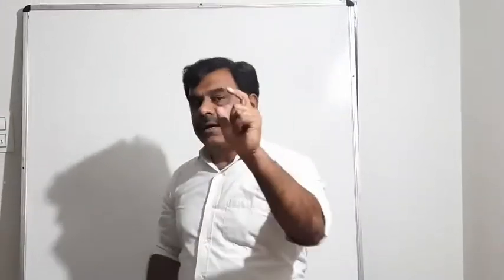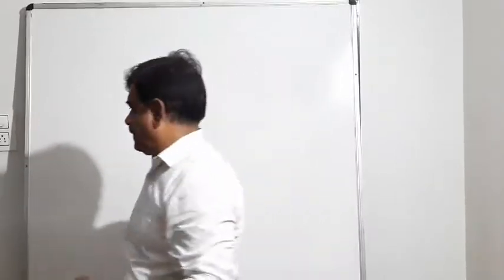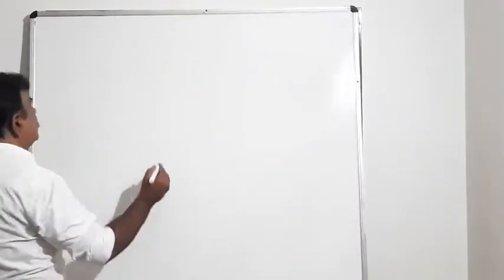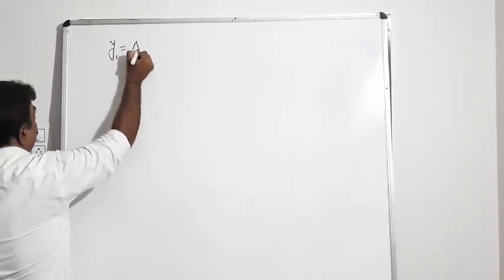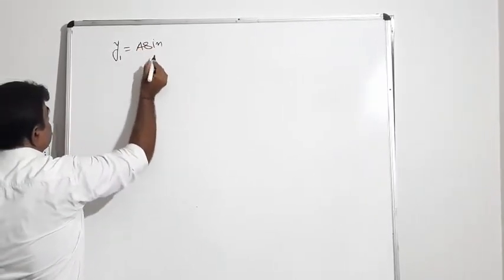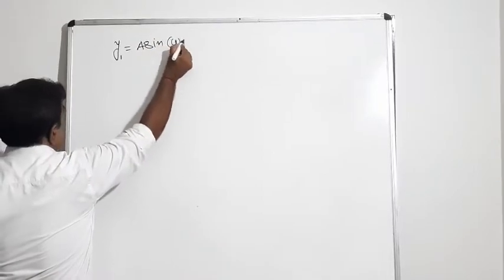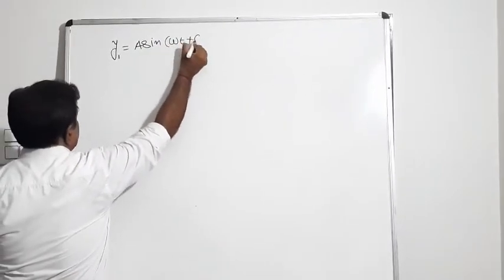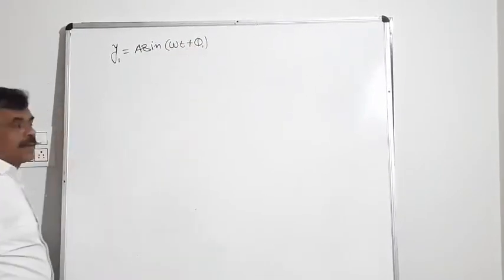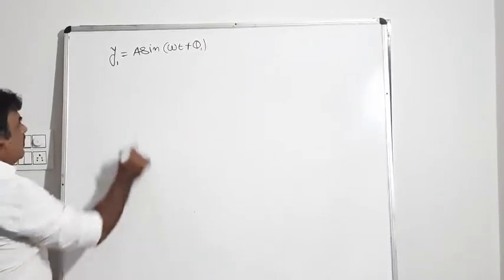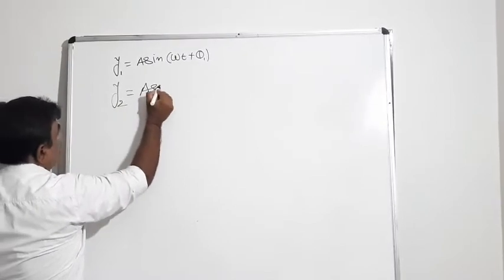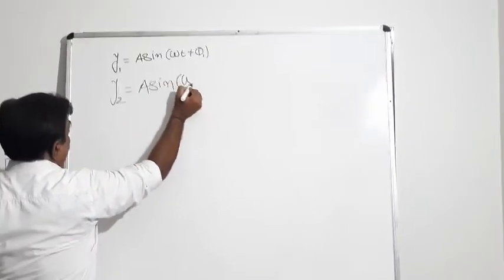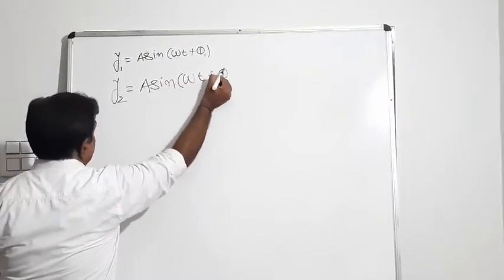Further, in combination of SHM, I have y1 equal to a sine omega t plus phi 1. The second equation is y2 equal to a sine omega t plus phi 2.